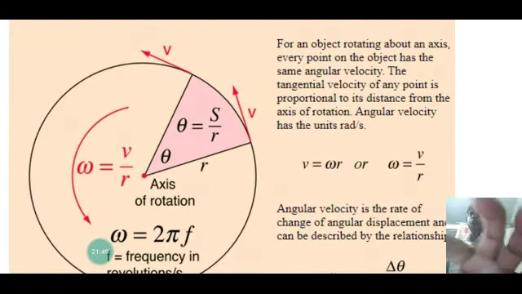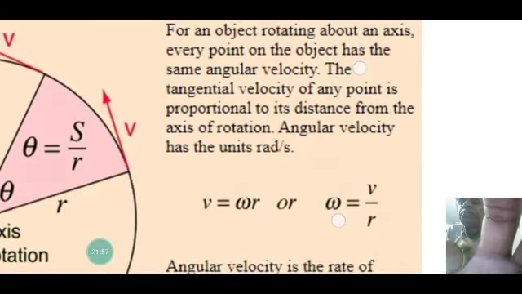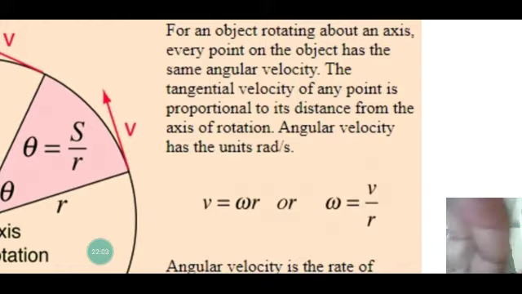Next slide, in more detail, another way we can express the angular velocity. For an object rotating about an axis, every point of the object has the same angular velocity.